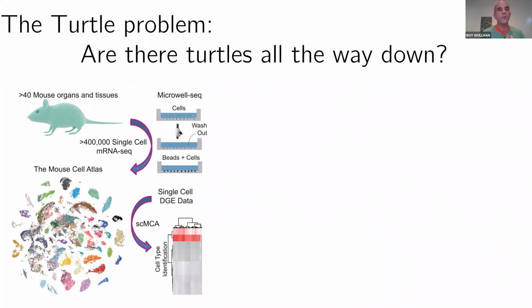Okay, so with that, I want to move to the next question I was posing, which is more related to noise and how noise plays here. It was work by a previous grad student, Rong Fan, and he phrased it nicely as the turtle problem. Why do we think of it as a turtle problem?